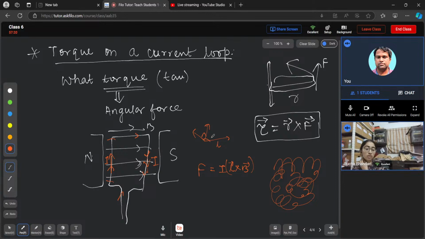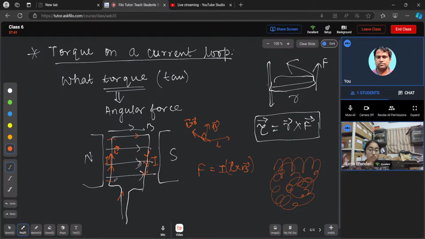This vector is L cross B. The direction of L is the same as the current direction.